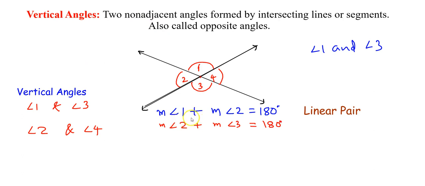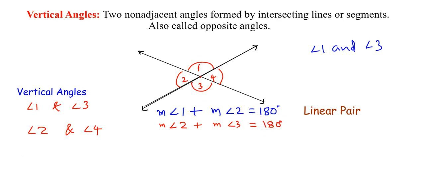Now we have 2 equations. The first one is the sum of the measures of angle 1 and angle 2 is 180 degrees. And the second one is the measure of angle 2 plus the measure of angle 3 is 180 degrees. Now we are seeing that in these two equations, the right hand side is equal to 180 degrees. That is, the right hand side is the same thing for both of them.